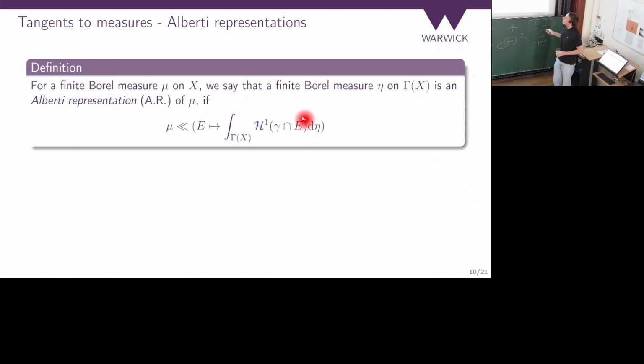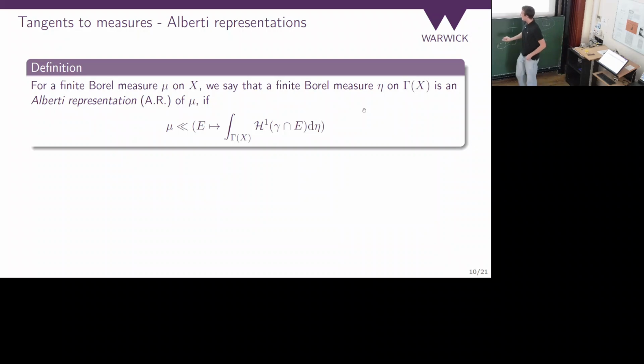And what is this measure here, right? So this should be a measure. This is a measure that takes the set E, looks at its intersection with every curve fragment gamma, calculates the length of that, and then integrates that quantity against this measure eta. So this looks maybe a little bit like the Fubini theorem, right?